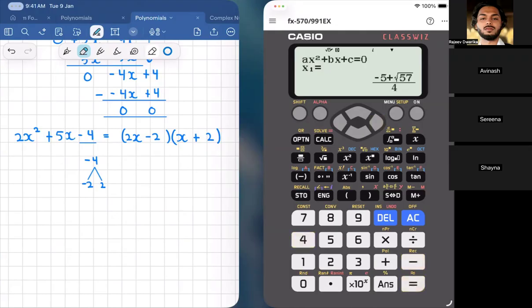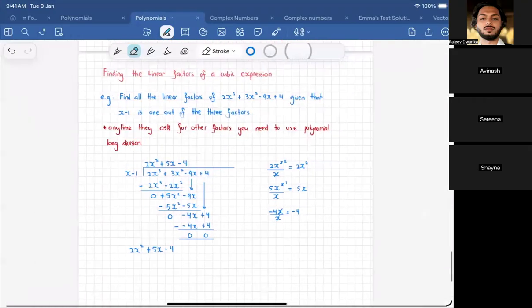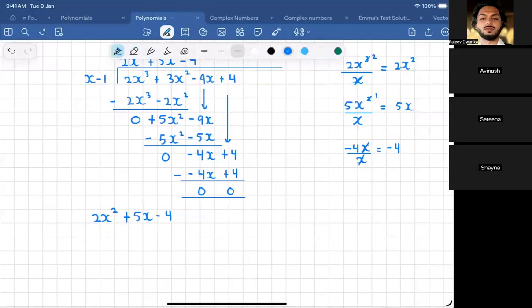Yeah, it's not factorizable, so we can't factorize that. So we will just leave our answer as 2x squared minus 5x minus 4. That's the other factor. So this is the answer. This is the other factor. It cannot be factorized.